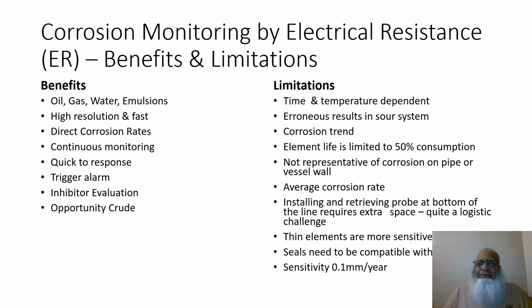Installing a retrievable probe at the bottom of the line requires extra space, quite a logistic challenge. Thin elements are more sensitive than the thick elements. Seals may need to be compatible with the actual fluid and environment. Its sensitivity is about 0.1 millimeter per year.